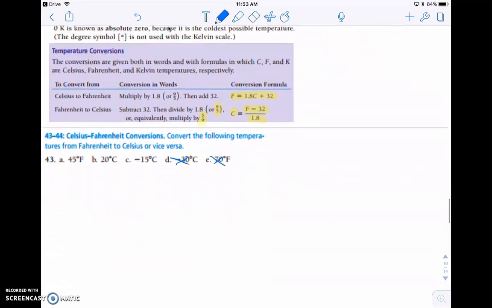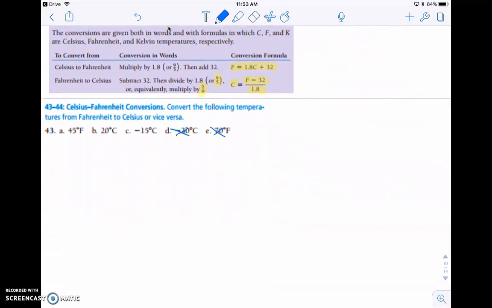Okay, so for this video, we're just going to be doing parts A, B, and C. We're just going to convert. So we want to convert 45 degrees Fahrenheit to Celsius. So again, we want to go to Celsius. So in degrees Celsius, this is going to be 45 minus 32 divided by 1.8. So it's going to be 13 divided by 1.8.